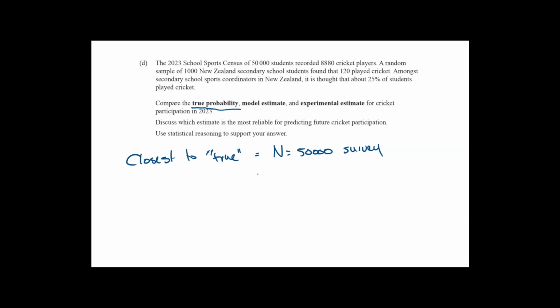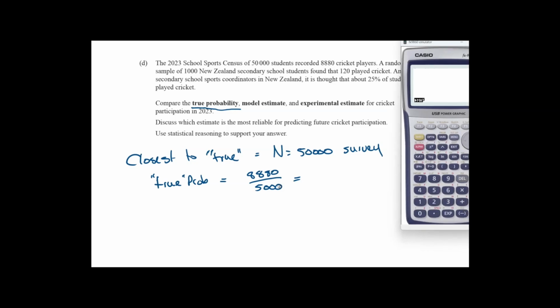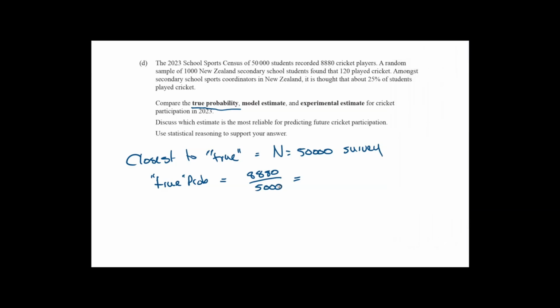Right, and so we're going to say the true probability is going to be equal to 8,880 divided by 50,000. So the number there seems really, really round, but okay, we'll go with that. Let's work it out. So 8,880 divided by 50,000 is 0.1776.